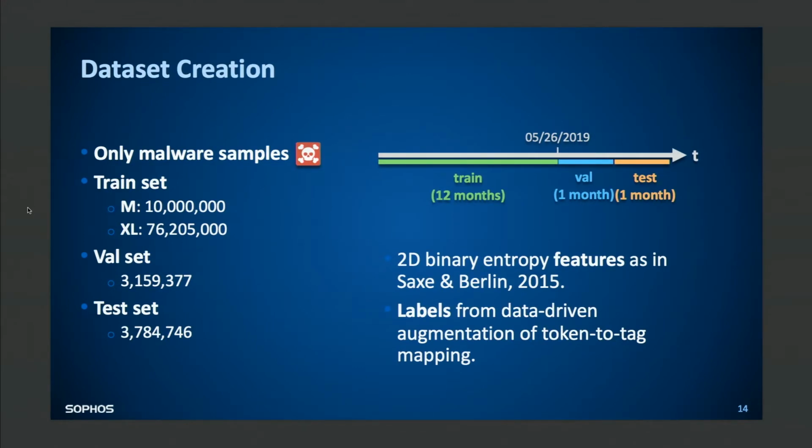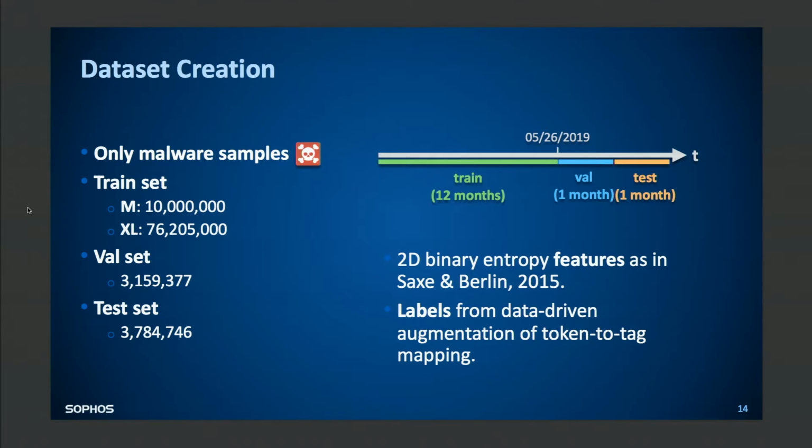We extracted features directly from the binaries. We use the 2-dimensional binary entropy features used by Saxe and Berlin 2015, which contain information about the PE header, the import table, the printable strings contained in the PE file, and entropy statistics about the PE file, that turn any binary into a 1024-dimensional representation.